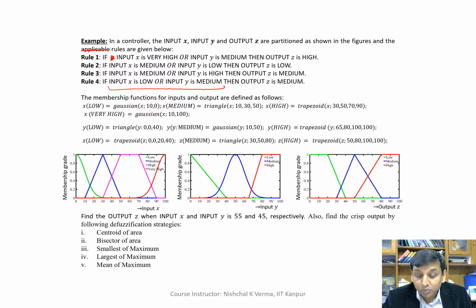So we have two antecedents and four fuzzy rules, so we can say this is a class of multiple antecedents and multiple rules.